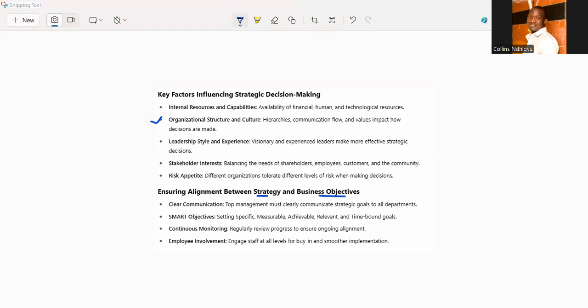How is that done? Ensuring that there's clear communication. This is one of the most important steps that will ensure that there's alignment with communication.